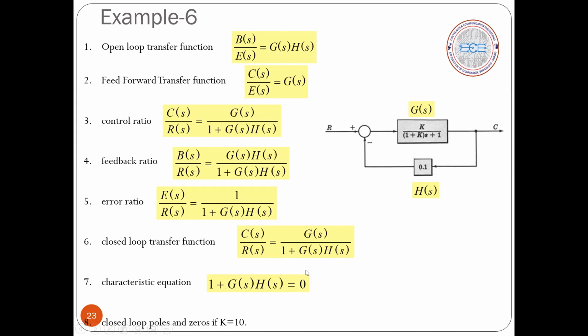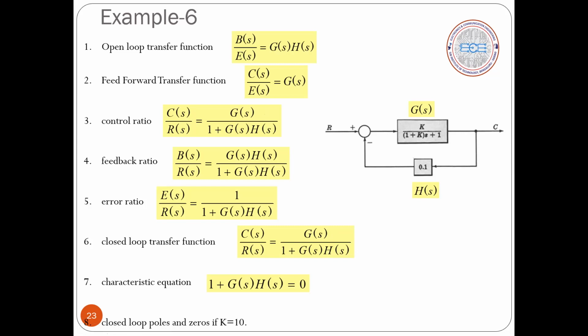So whatever equation you get for the control ratio, take the control ratio C(s) by R(s), or you can take the closed loop transfer function. Here you have to get a numerator polynomial and denominator polynomial, factorize that and identify how many poles and zeros you have.